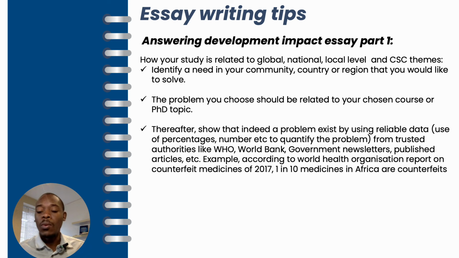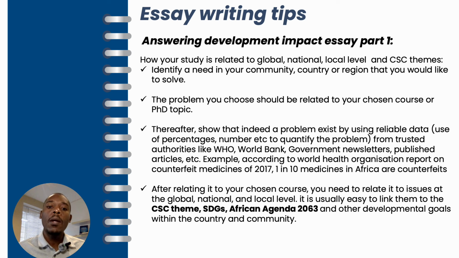So it depends on the field of study. You need to identify the need in your field of study. Okay, and once you have identified that need, you've demonstrated that indeed it is an existing problem, then now you need to relate it to your course, like I've mentioned, and also relate it to the wider sector. How is it related to the Sustainable Development Goal?